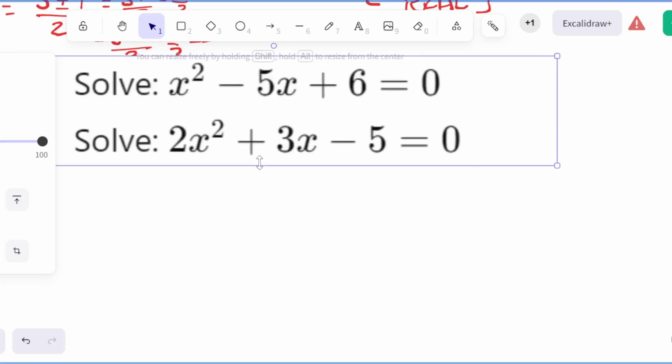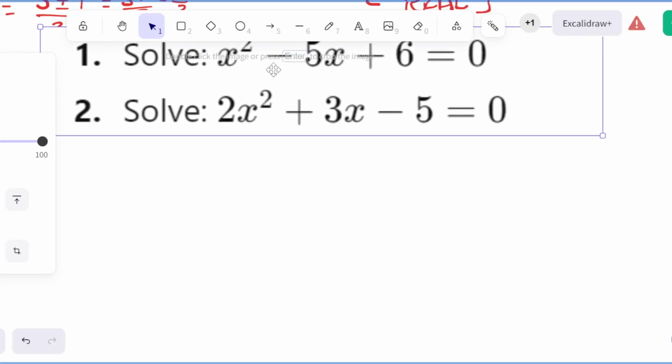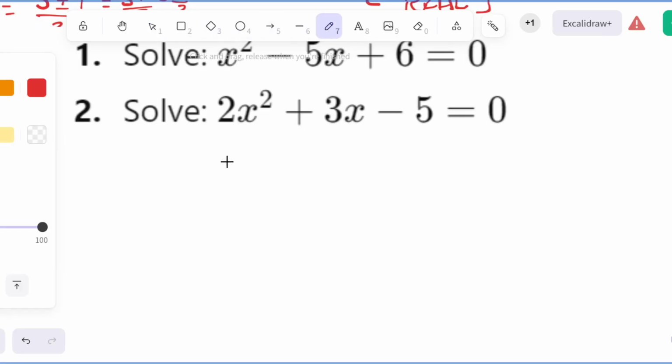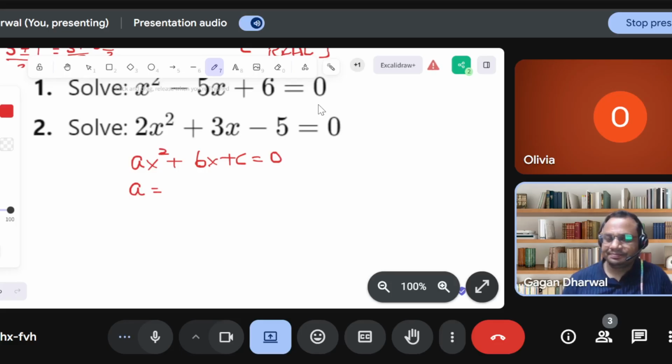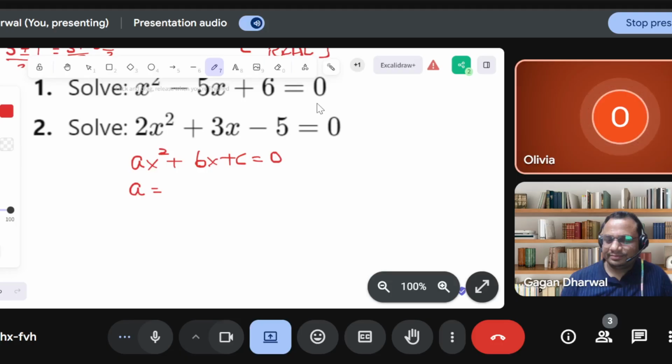I pasted the same question. Let's take the second one. So what is the value? Let's write the standard quadratic equation: ax square plus bx plus c equal to 0. Right? Now, what is the value of a if you compare the second one? 2. Definitely, very good. What is the value of b? 3.